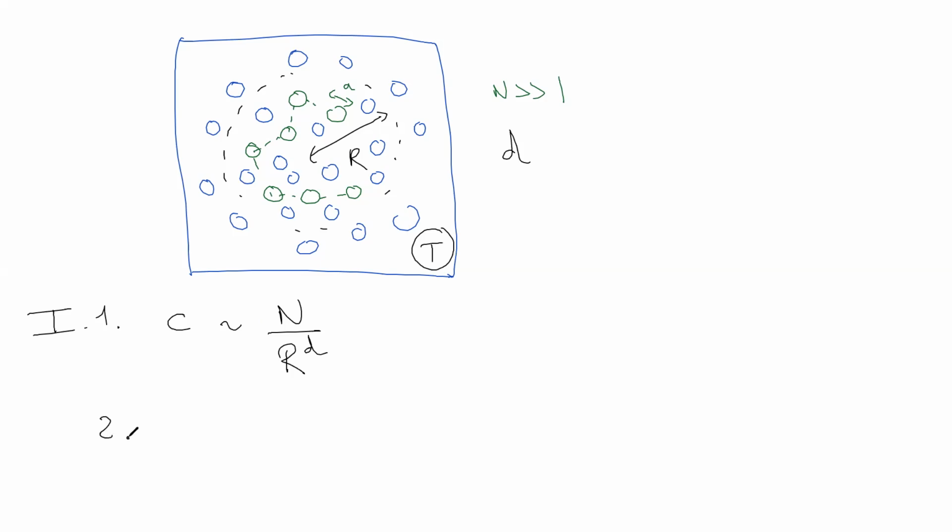Then the question, when we have estimated that concentration, is to estimate the interaction energy. And the simplest proposal would be to have an interaction energy that goes like the square of the concentration. It goes like the square of the number of objects, because you want to count how many pairs you have in your system.